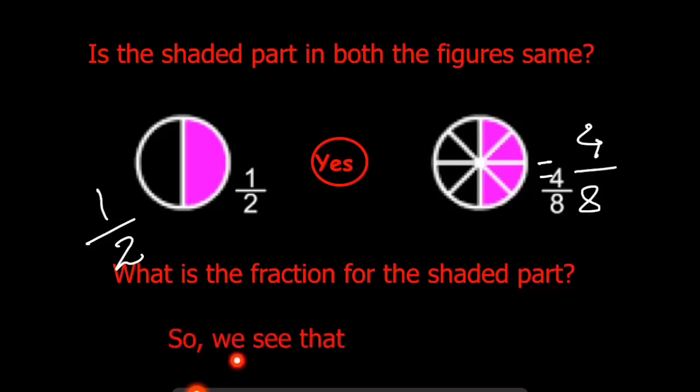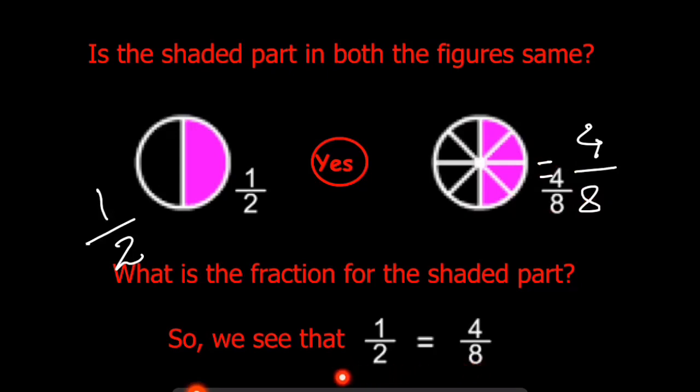So what we see is that 1 by 2 is equal to 4 by 8, meaning the amount represented by 1 by 2 is exactly the same as the amount represented by 4 by 8.